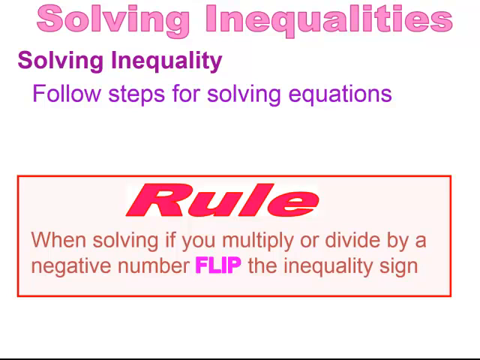If at the very last step you multiply or divide by a negative number, you're going to need to flip the inequality symbol. So you're doing the multi-step inequality, you're following the steps of equations to solve, and you get to the last step. If your last step you multiply or divide by a negative number, you're going to have to flip the inequality symbol. I want to show you what this might look like.